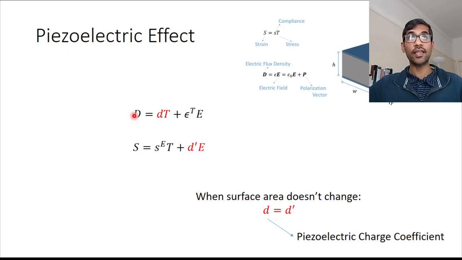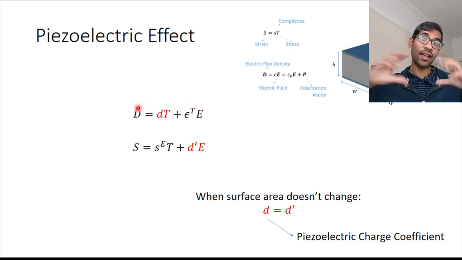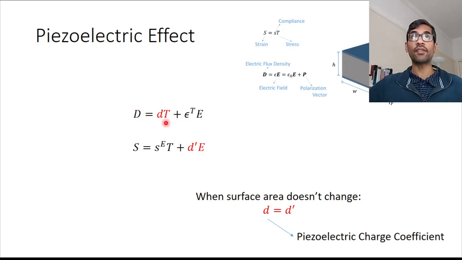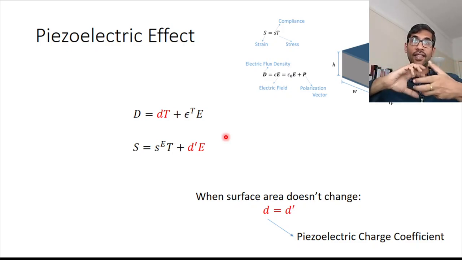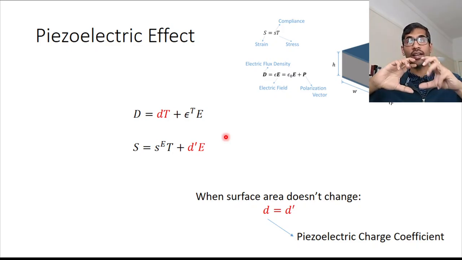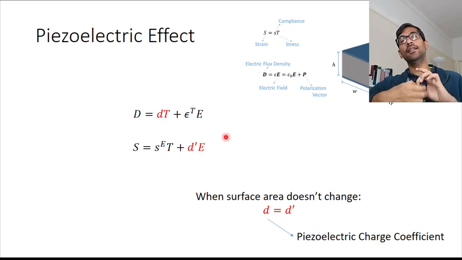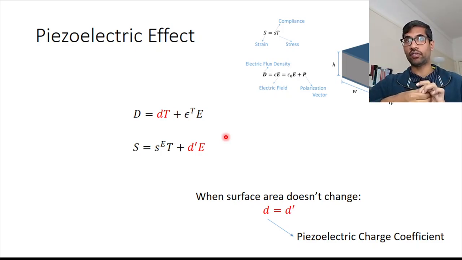Similarly, in the electrical case, you have applied an electric field, you get a displacement current, but you don't just have an electrical phenomena, but you have a stress on the plates as well. So what's happening is the electrical and the mechanical phenomena have been interlinked in the piezoelectric crystals or piezoelectric solids.